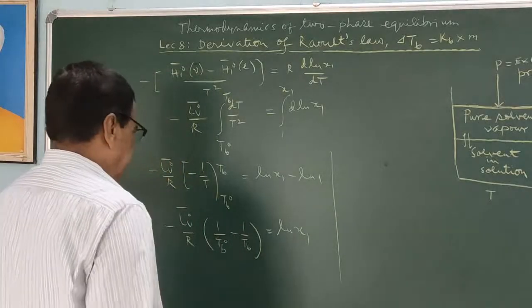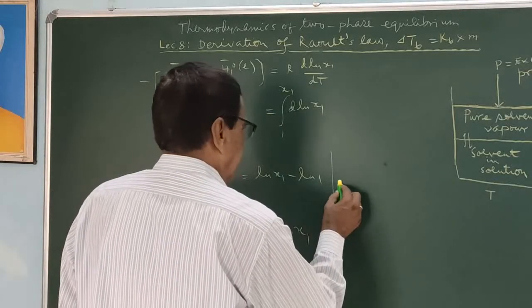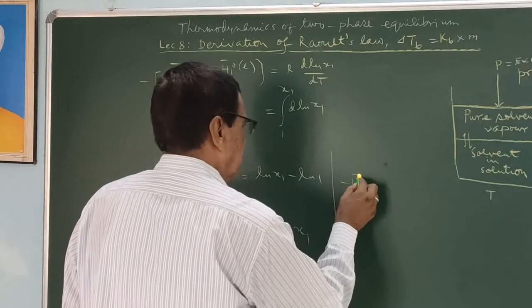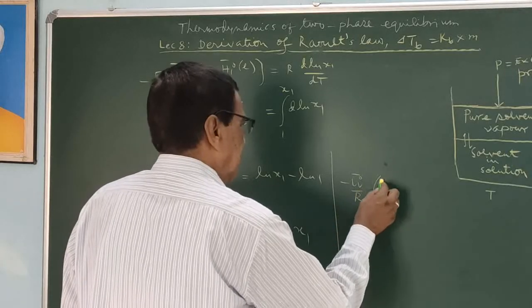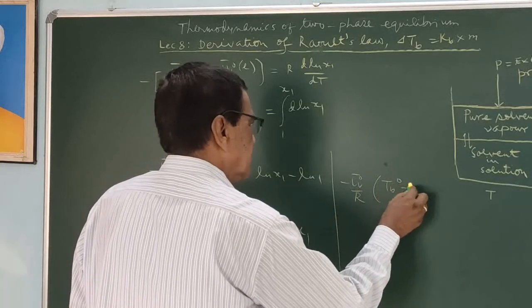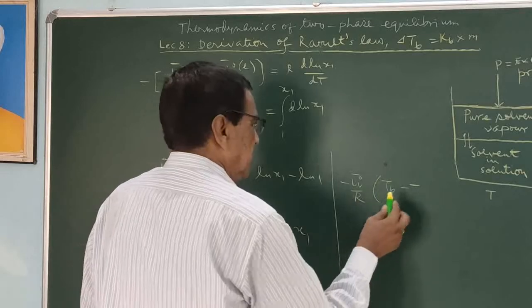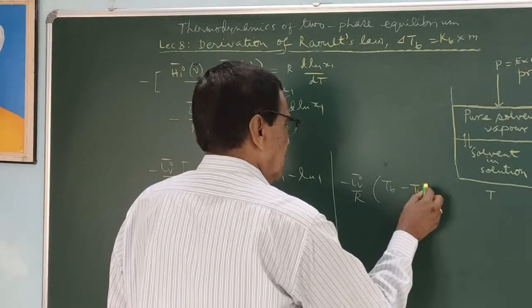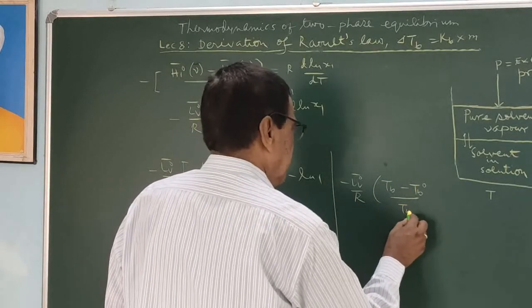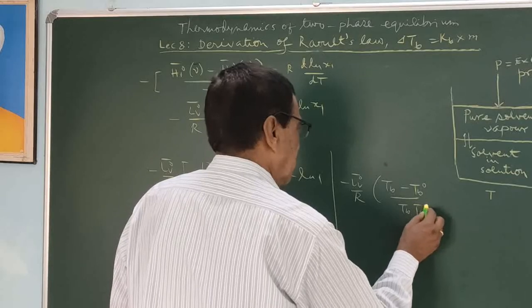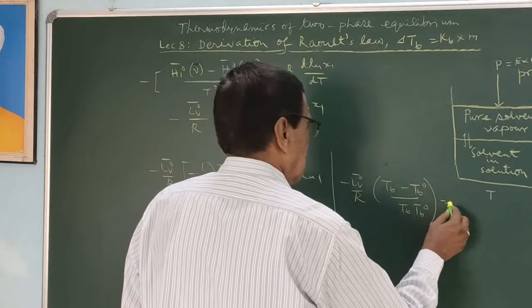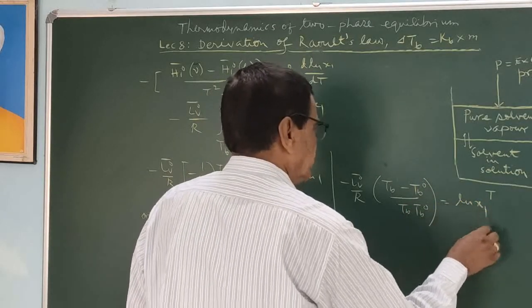So here we can write again LV naught bar divided by R and TB minus TB naught, divided by TB and TB naught, equal to ln x1.